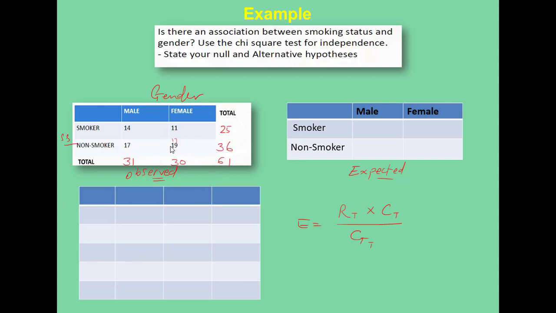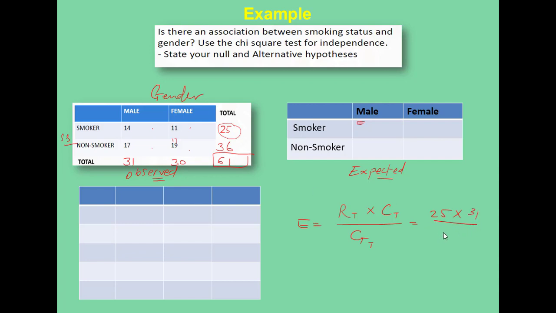These are the totals. So these are the row totals, and these are the column totals. This is the grand total. And these are the observed values. So in order to find the expected value here, we would take the row total for this one. This is the row total. So it's 25 times the column total, which is 31.